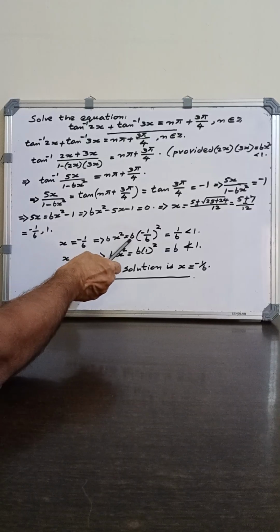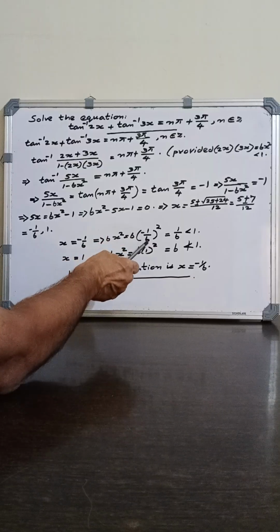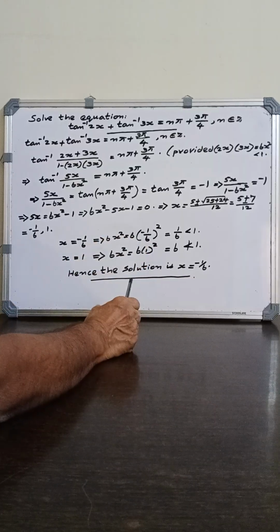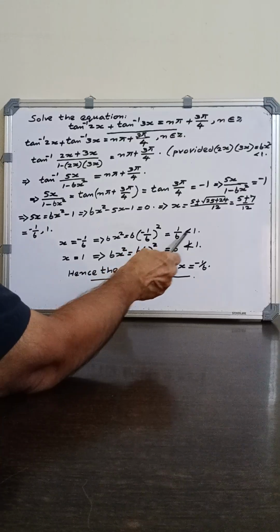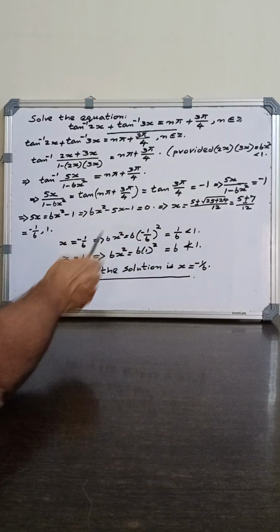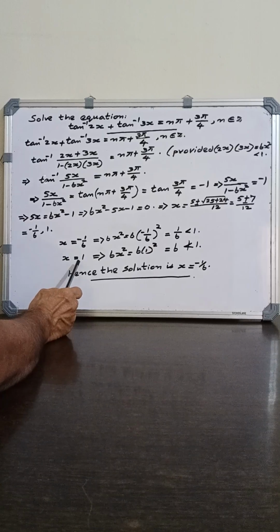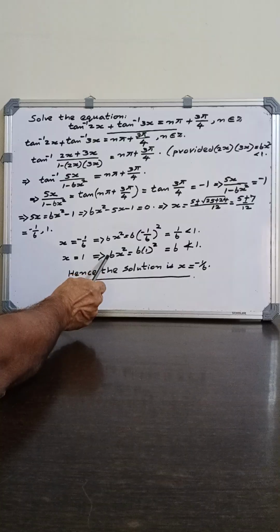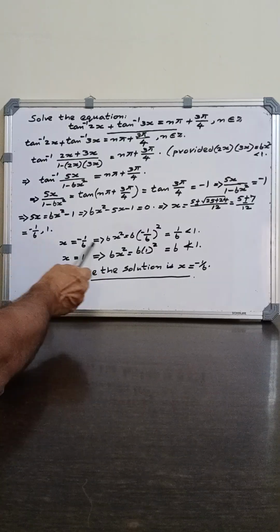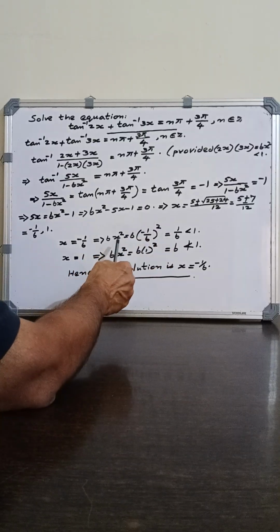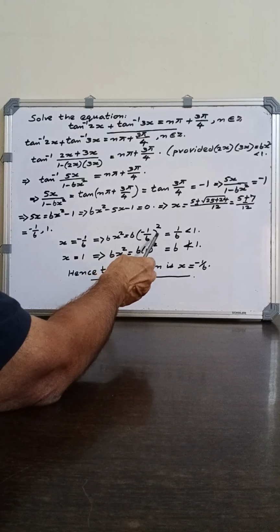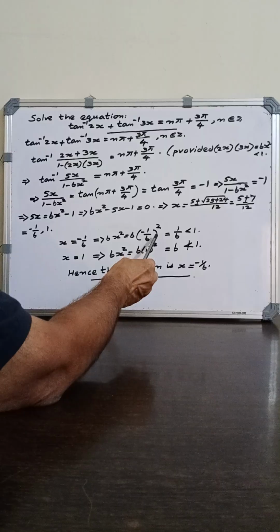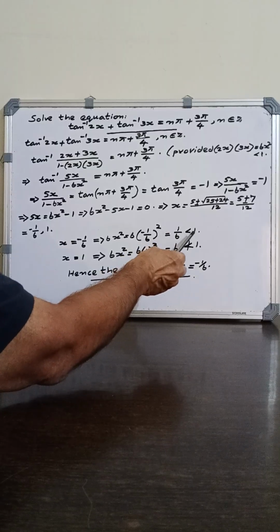Then if x equals minus 1 by 6, 6x squared equals 6 into minus 1 by 6 the whole squared, equals 1 by 6, which is less than 1.